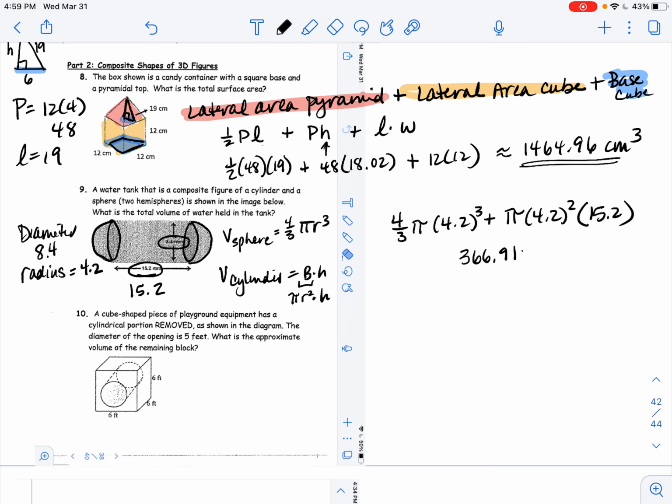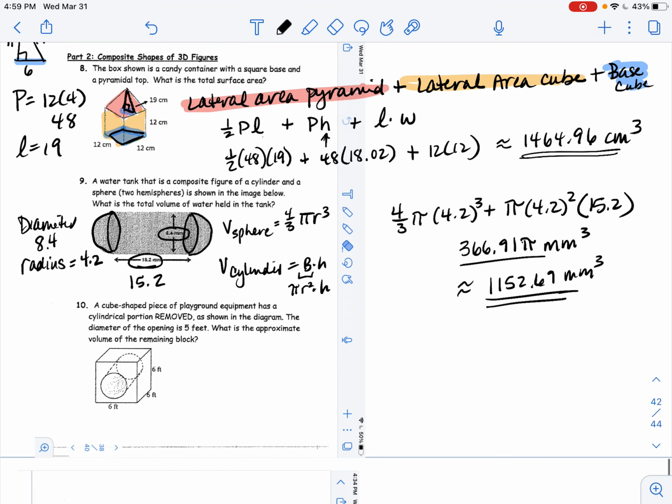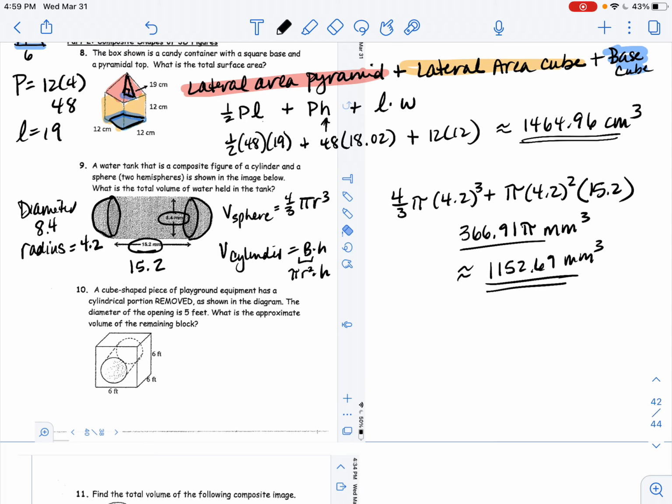So this is going to give me 366.91 pi, and this is volume, and these are in millimeters cubed. And if I were to work out the pi, that is approximately 1,152.69 millimeters cubed.